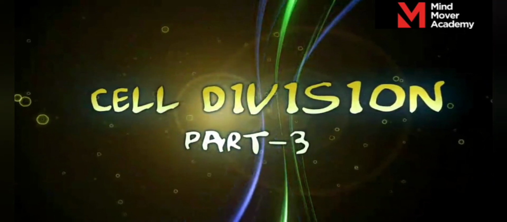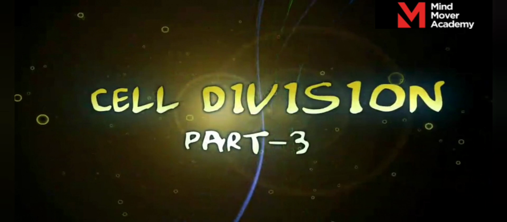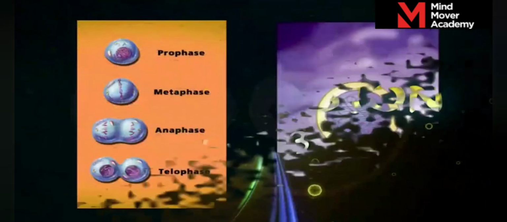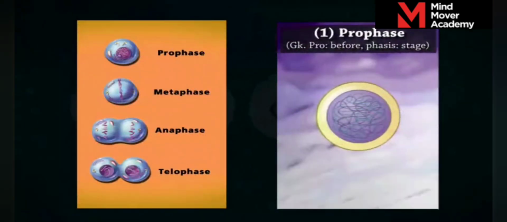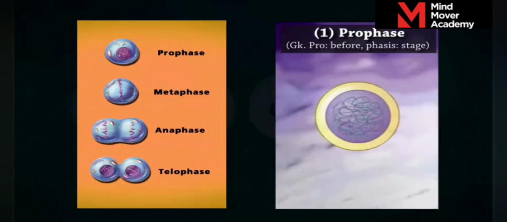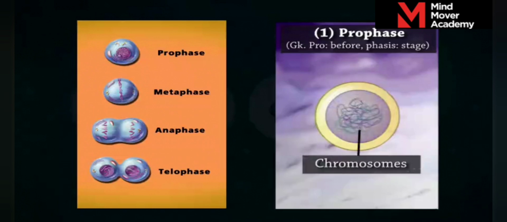Cell division. Part 3. 1. Prophase. Greek, pro, before, phases, stage. This is the first and the longest phase of mitosis. The chromatin material undergoes condensation, becomes short and thick, and changes into thread-like structures called chromosomes.